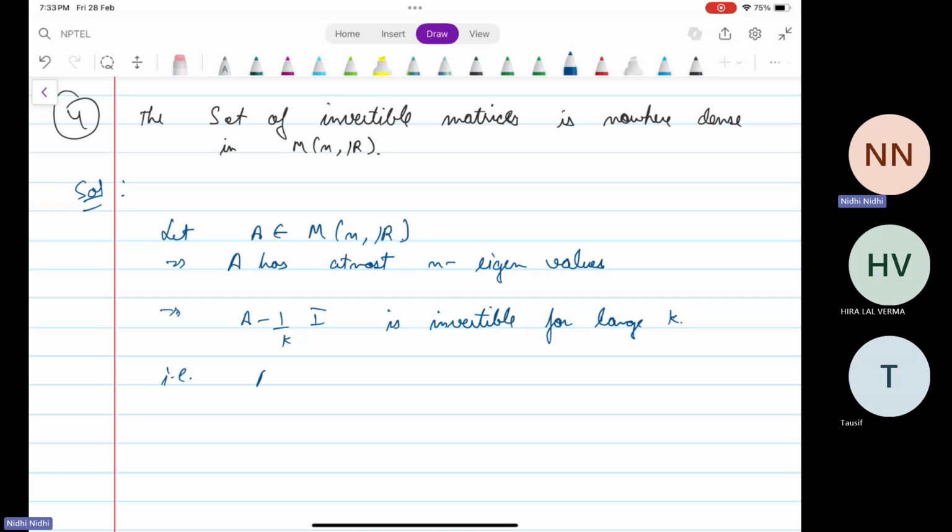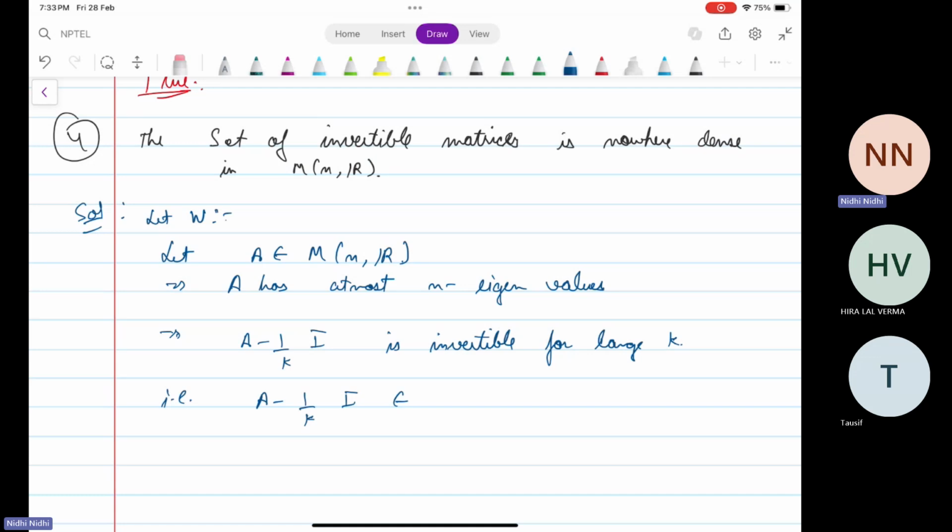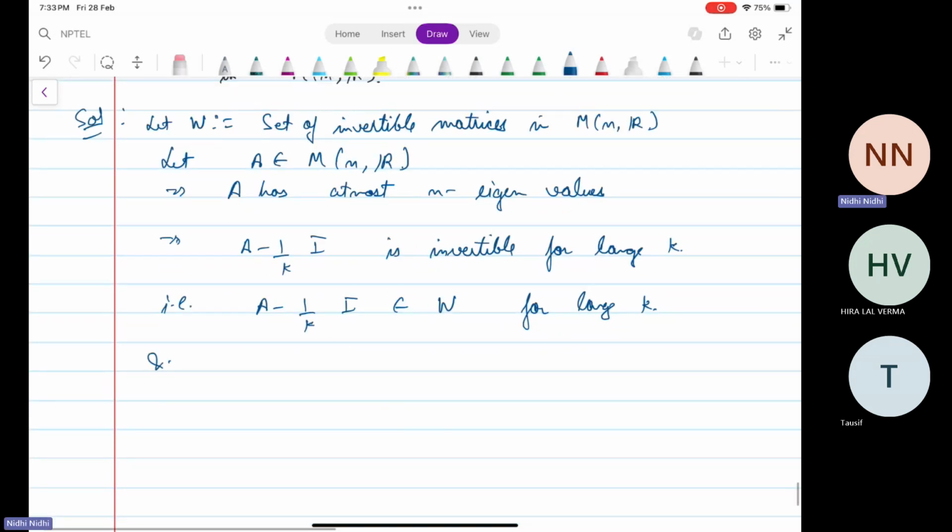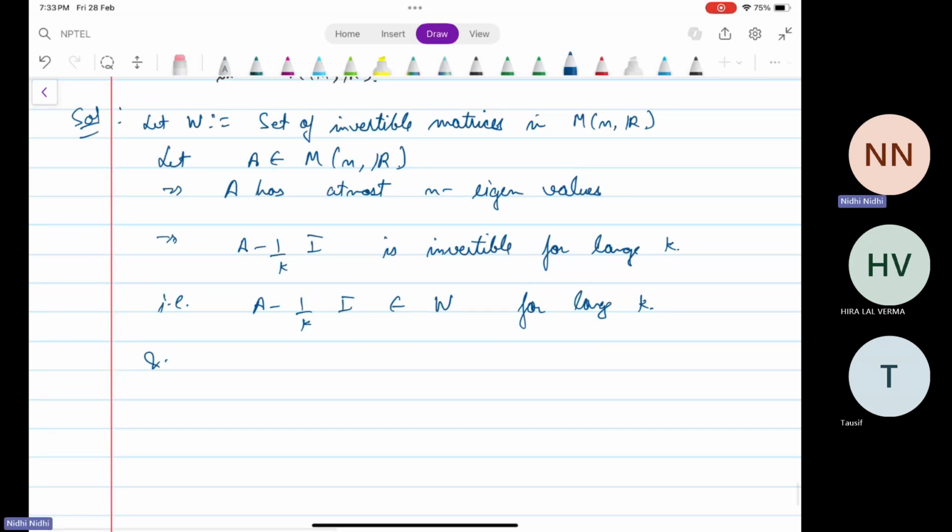That means A minus 1 by k times I belongs to W, let us denote by W the set of invertible matrices in MnR, for large k. And A minus 1 by k times I tends to A as k tends to infinity.